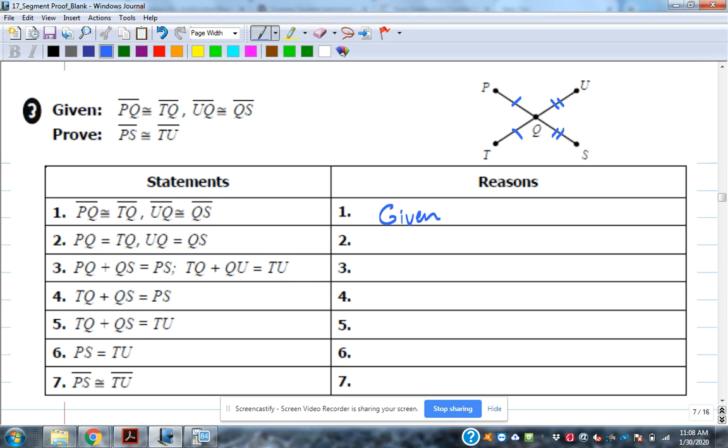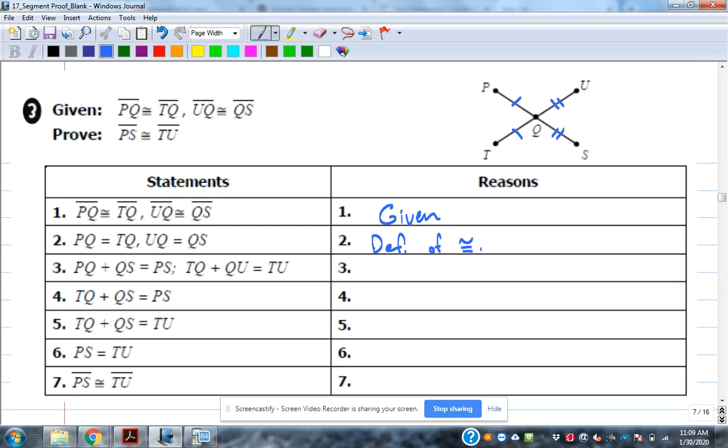How did they get there? Yeah, definition of congruence. Okay. And then number 3, look at the prove statement. We're trying to prove that this entire segment from P to S is congruent to T to U. Okay, so that's what we're trying to build up here.